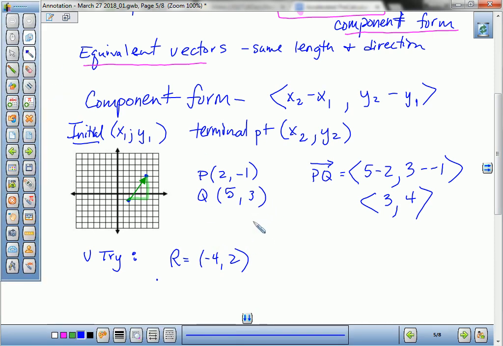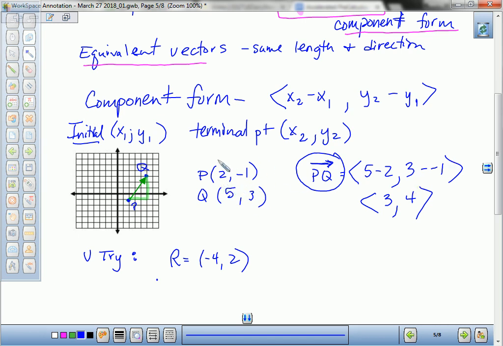Okay, so if we had point P and point Q, and we're looking at vector PQ, do you see how this notation represents a vector? So it's PQ with the arrow over it, and that is also what we use in Accelerated 2. What do we do to go from P to Q? So this is P, this is Q. Well, this move would be the terminal x minus the initial x, the terminal y minus the initial y.